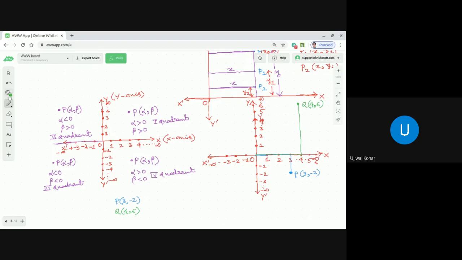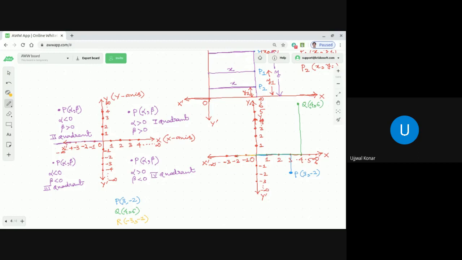Now, let me come to Kalpita. Kalpita, you tell me a point and I want to draw it. -3, -1. Very good. Let me use this color. So you are telling a point -3, -1. From the origin, as the x coordinate is negative, my tendency should be to draw the line towards the left of the origin.